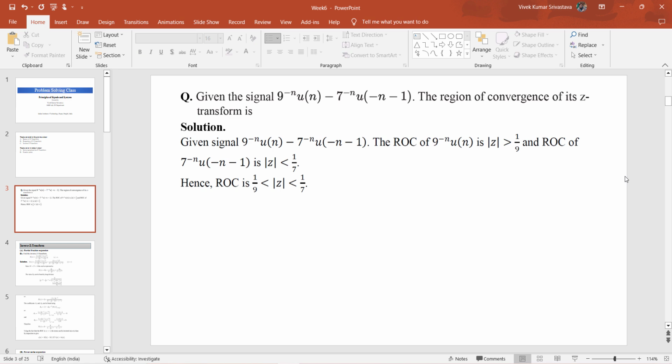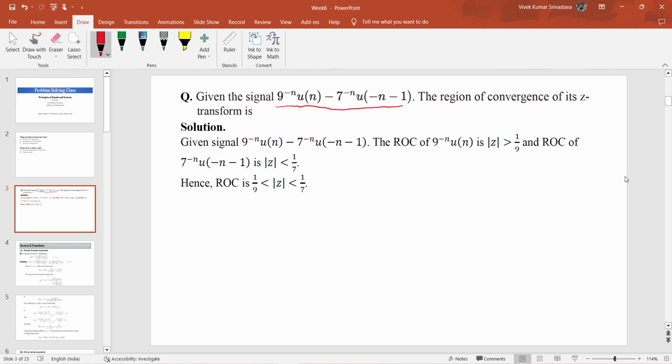A signal is given to us: 9 raised to the power minus n u[n] minus 7 raised to the power minus n u[minus n minus 1]. We have to find the region of convergence of its Z transform. First of all, this signal is basically a summation of two different signals.